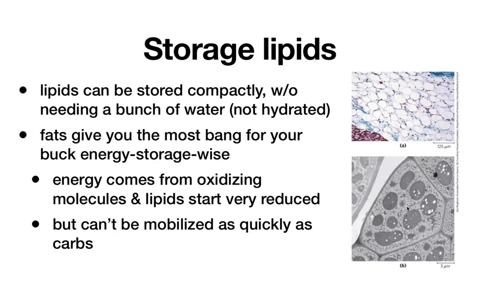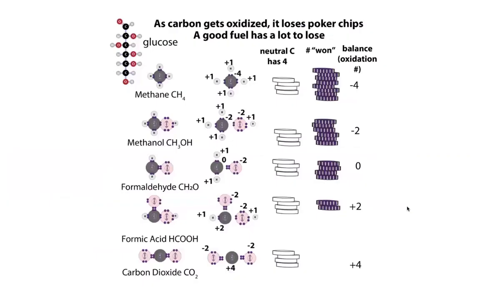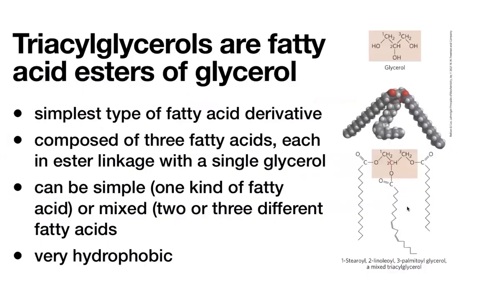These are big clumps of things that water's not hanging out with, so they're hard to get to and chew up, and they can't be mobilized as quickly. But when you do get them broken up, you get more energy out of them.